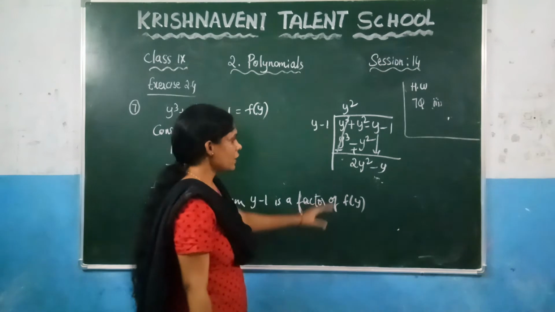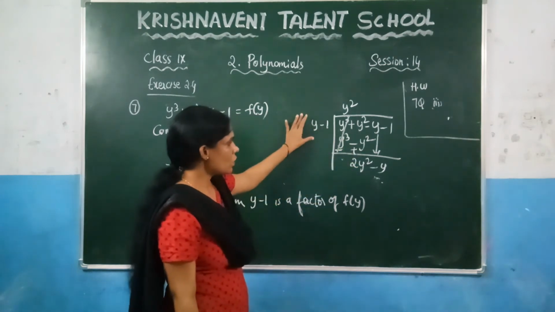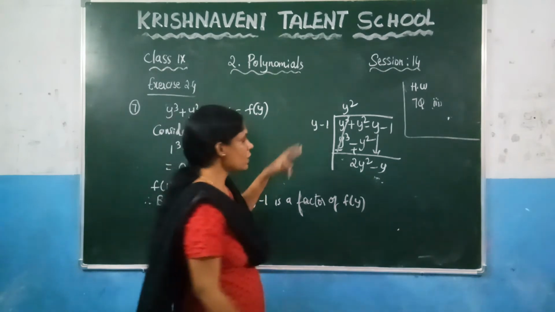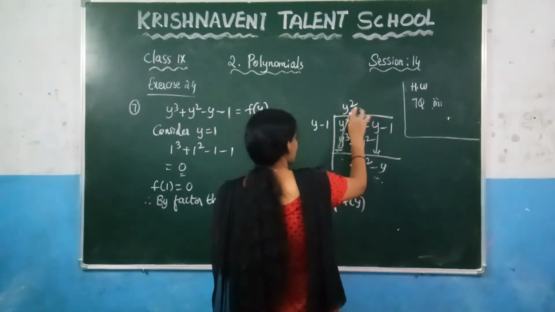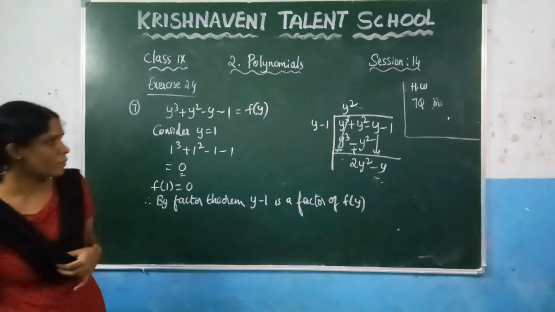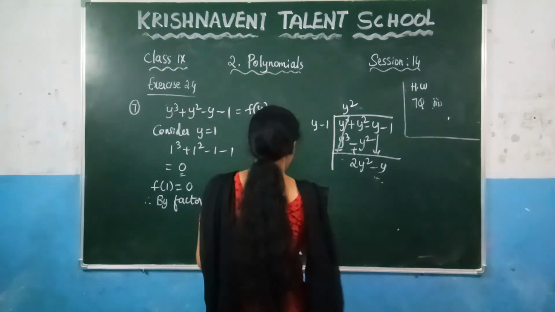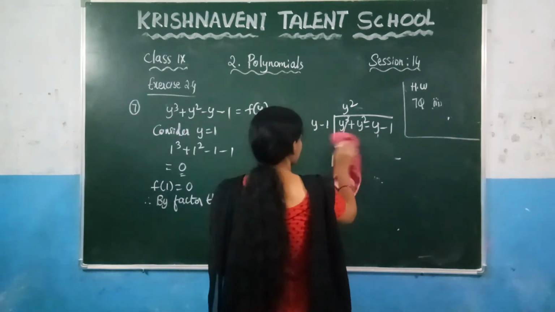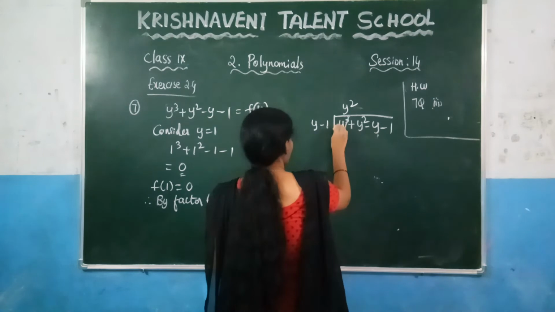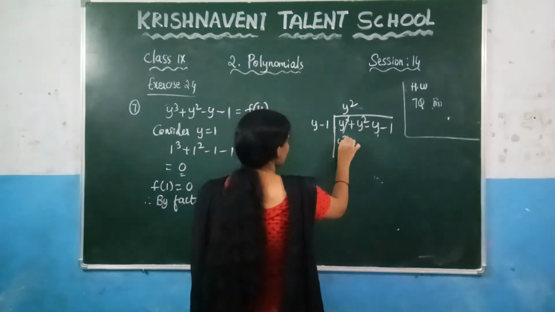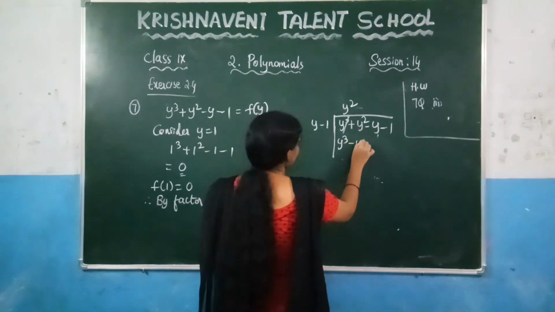Now again divide this first term with this term. 2y square by y. What is the value of 2y square by y? Which gives you plus 2y. By dividing y square with y minus 1, you will get y cube and minus y square.